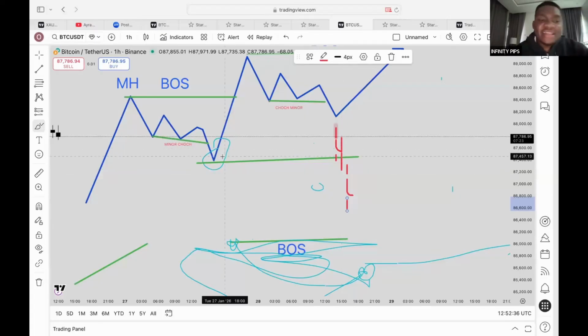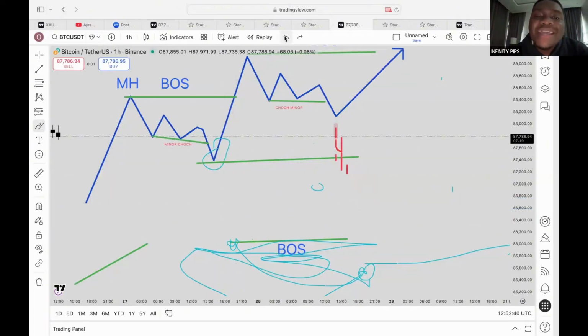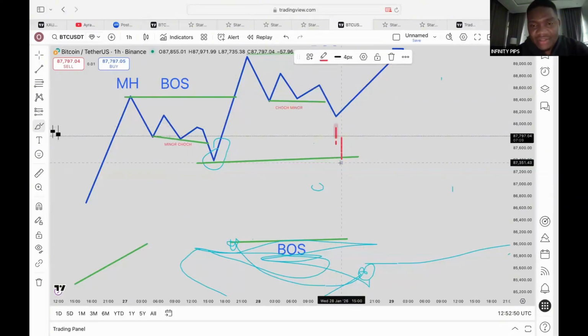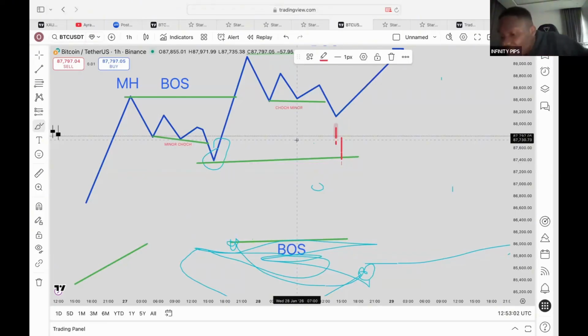Now, in the case whereby it broke with only a wick. It broke, but it was only a wick that came out. It broke with a wick. It closed with a wick.